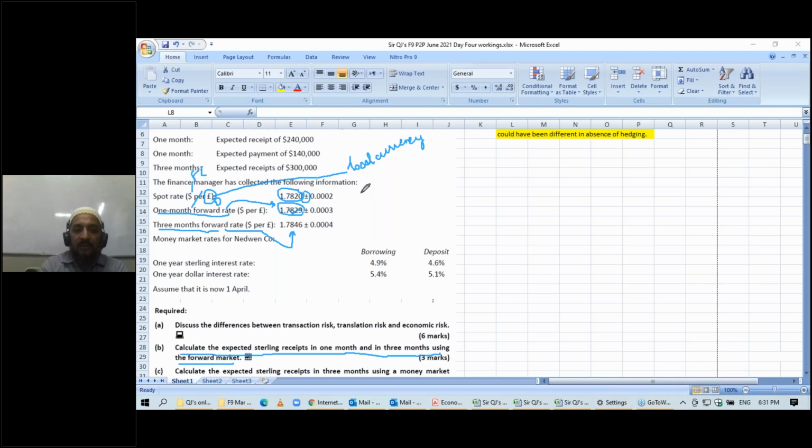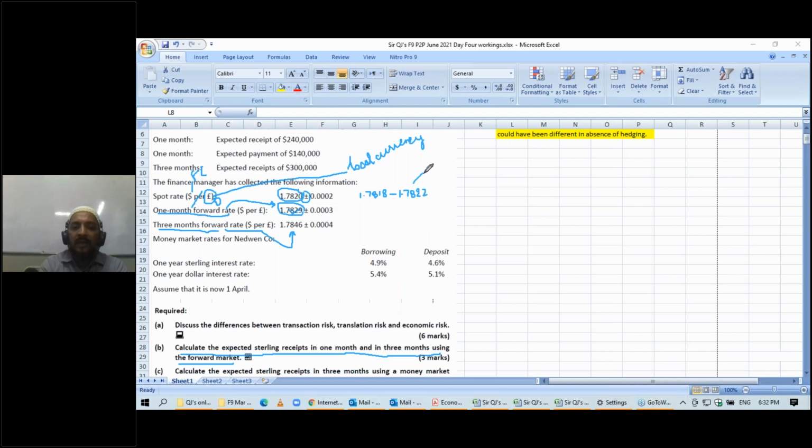Means the spot rate is 1.7820. Deduct 0.0002 from 1.7820 and you get 1.7818, and then add it and you get 1.7822.